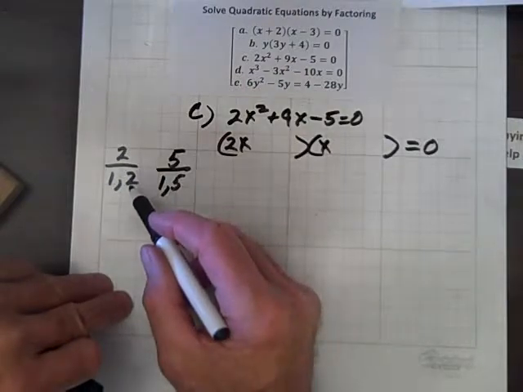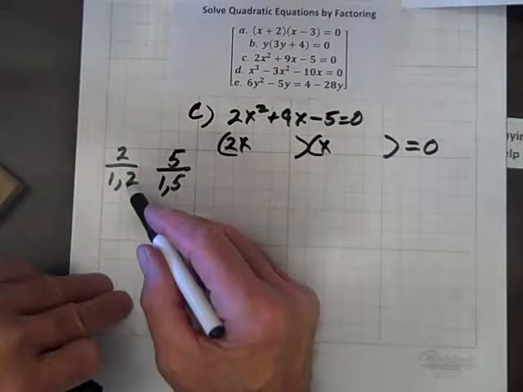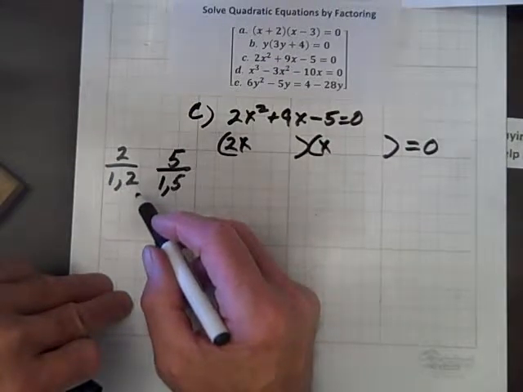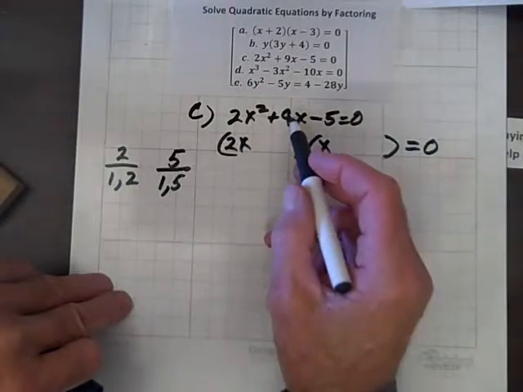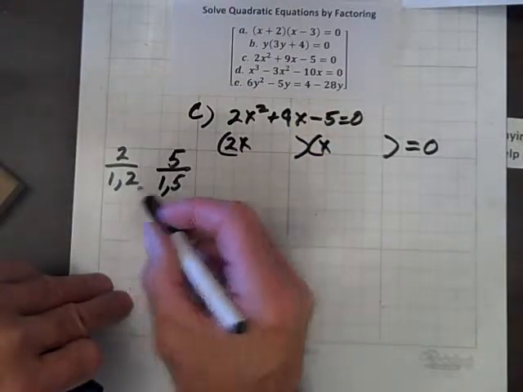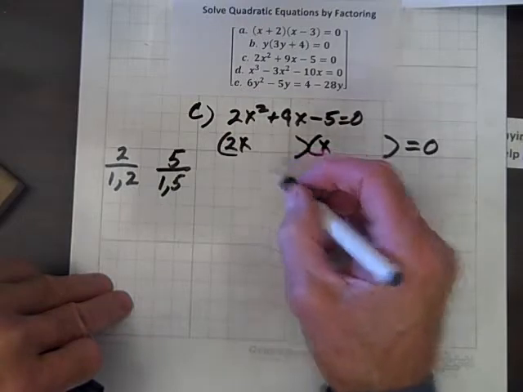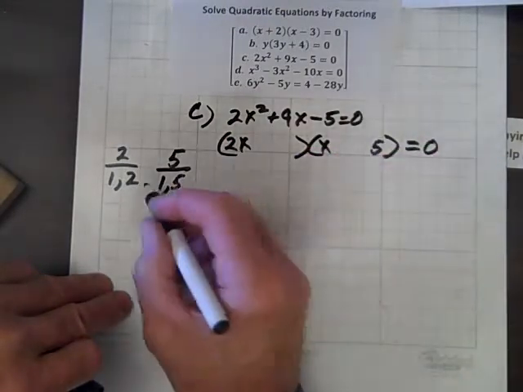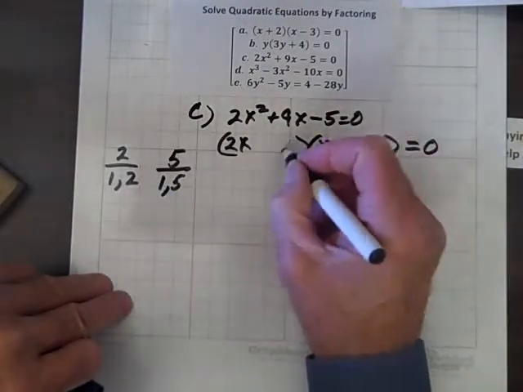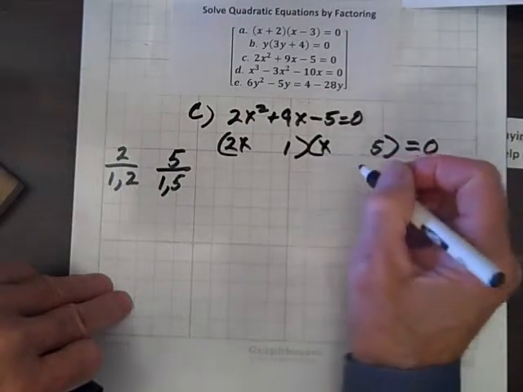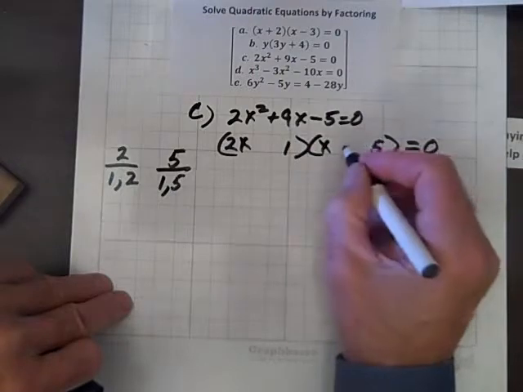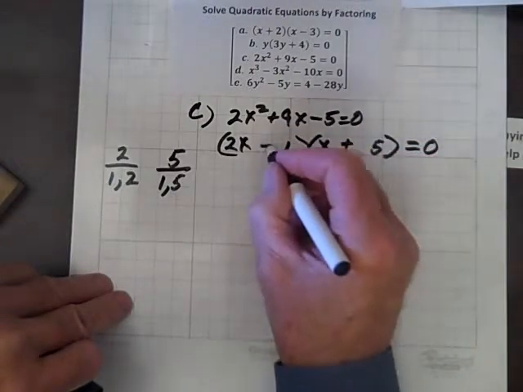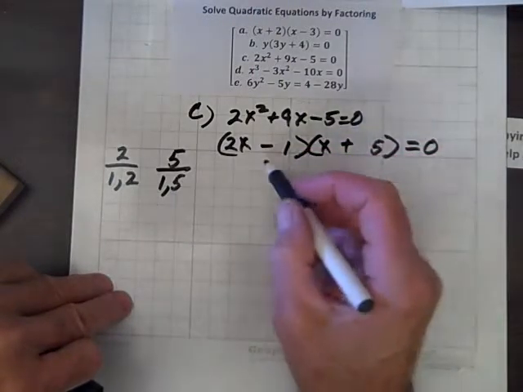So now, is there some combination of products of the factors of 2 and 5 that have a difference of 9? Well, let's see. Here's one. What if we multiply 2 times 5 and multiply 1 times 1? There's a 1 there. It's understood. And let's see, who gets the positive? The 5 gets a positive. This gets a negative. Now let's try it out.